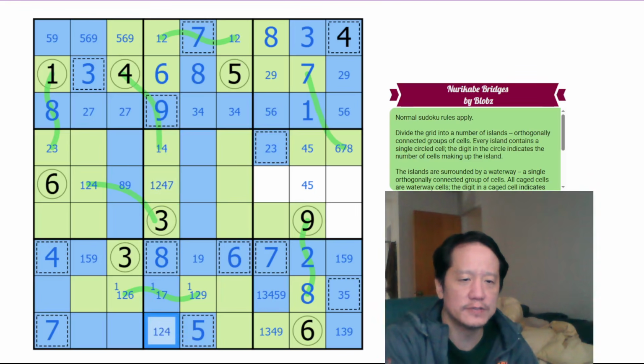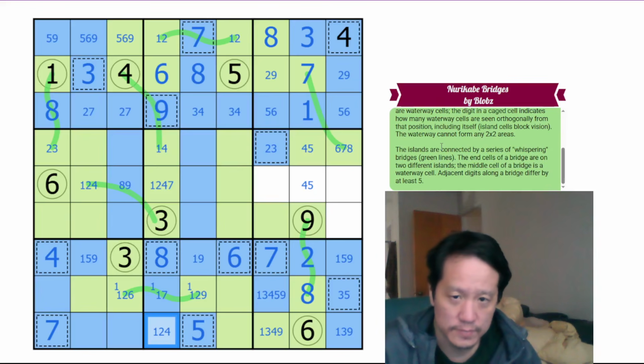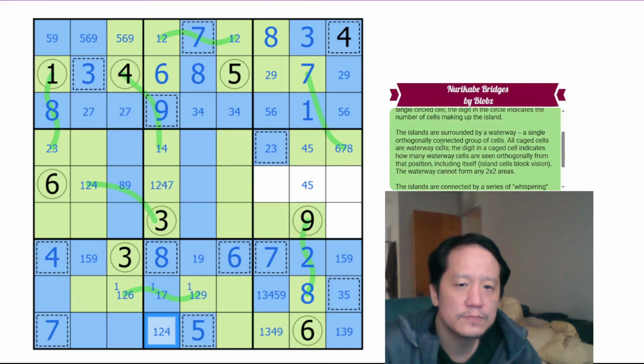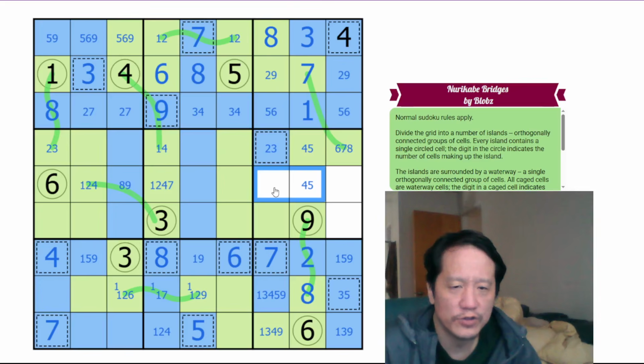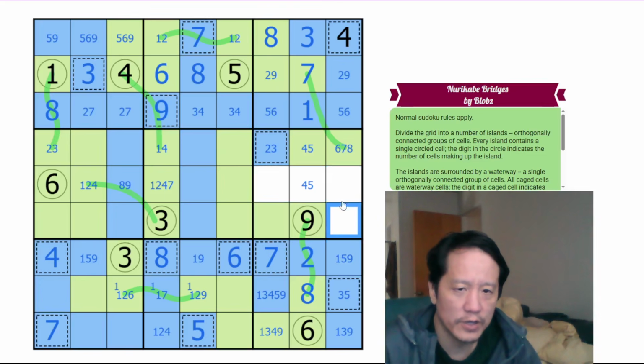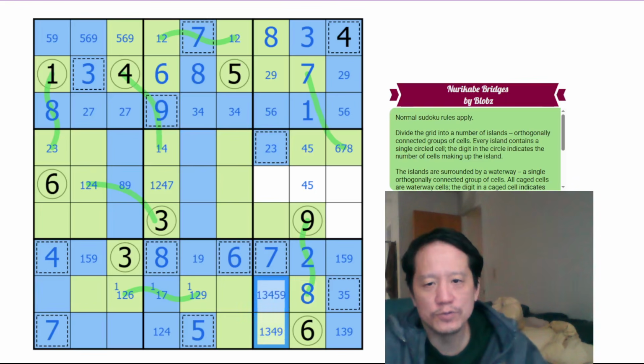This can't be 7 here because of 7 in the row. You could have green, green here, and blue, blue there. Or blue, blue here, and then green, green here. We don't know which. We're guaranteed 4 is one of these two.